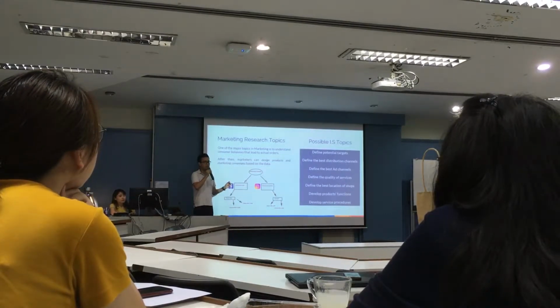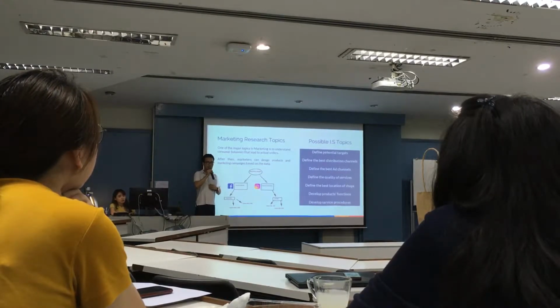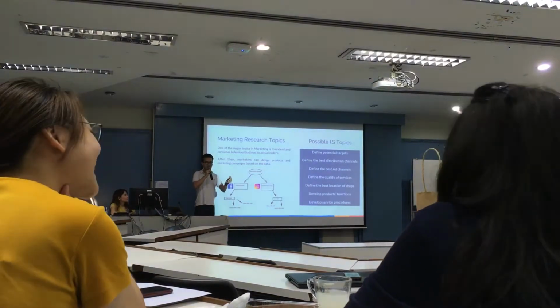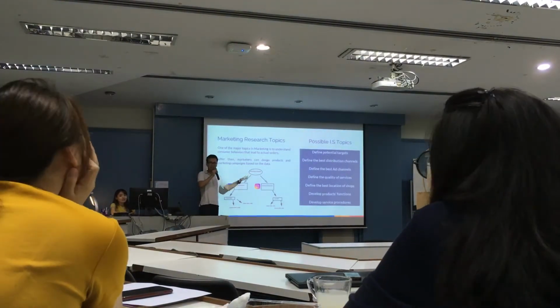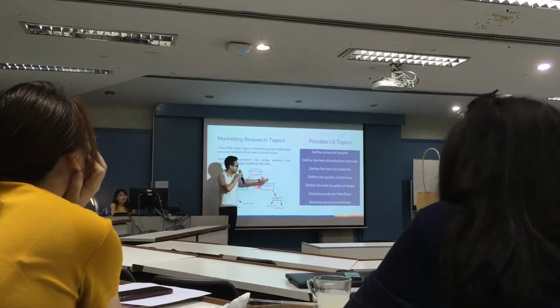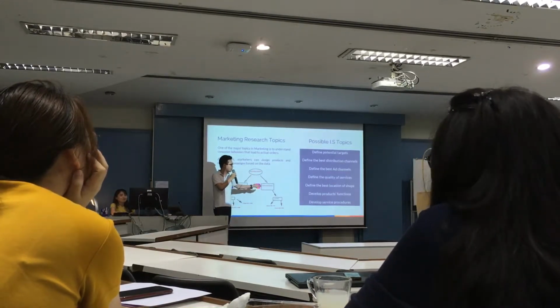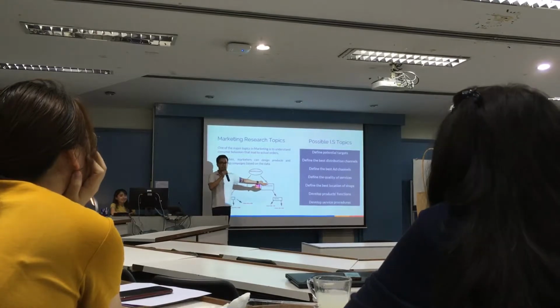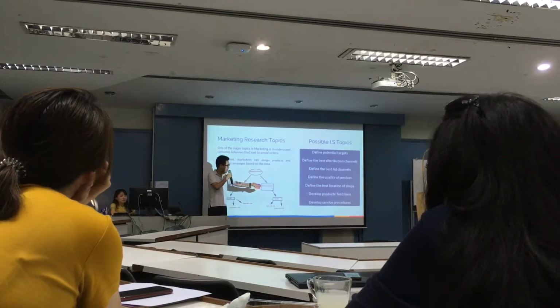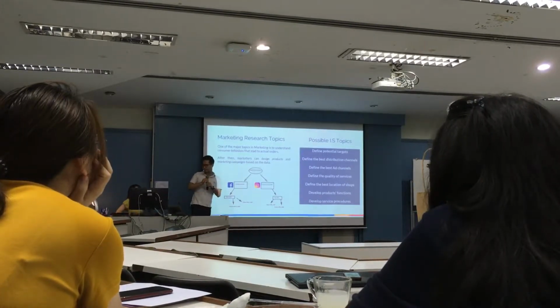Service is also very important, and there are many components that consist of services. In the last semester, Ajahn Jacob already mentioned how service consists of, but it's very complicated. And then define the best location of shops, develop the product functions, which is product design, and the last one is develop service procedures.